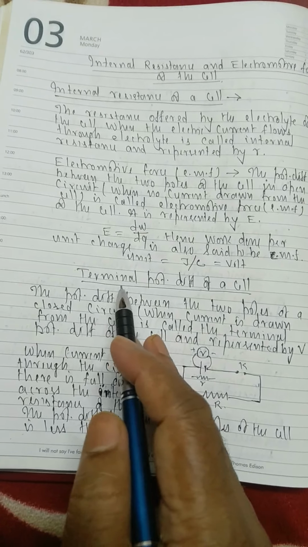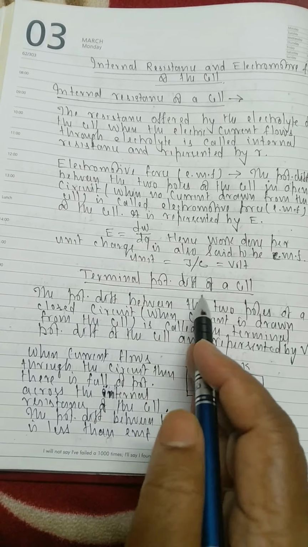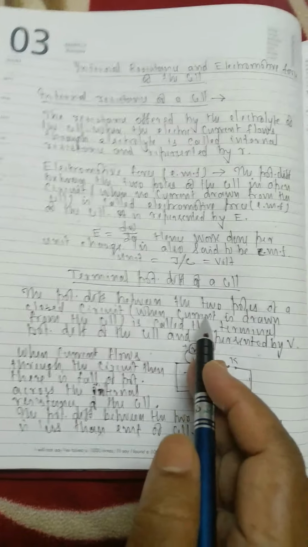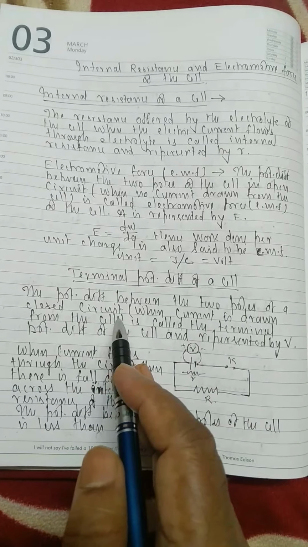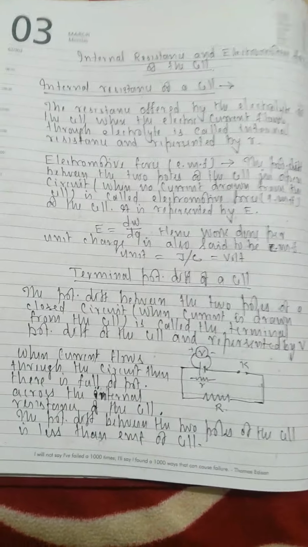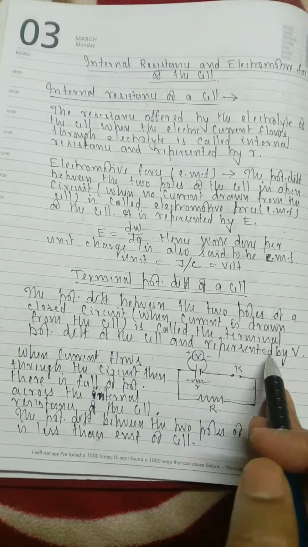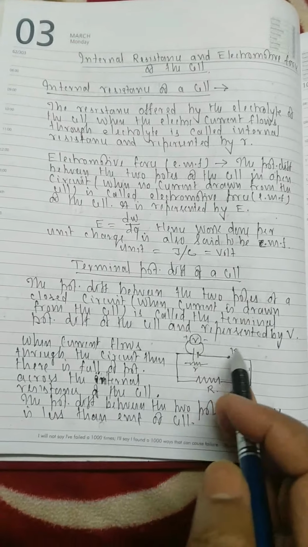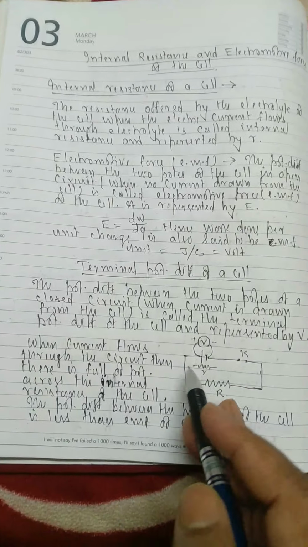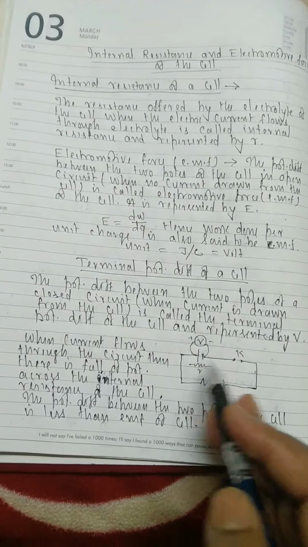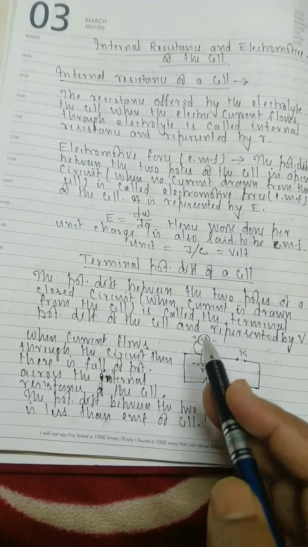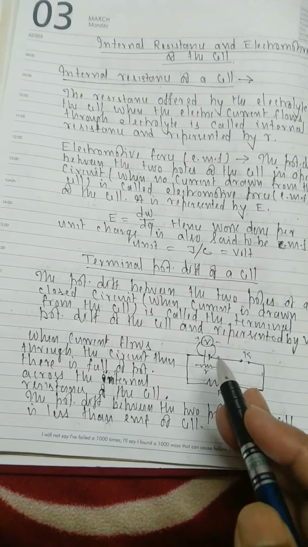Next topic, terminal potential difference of a cell. The potential difference between the two poles of a closed circuit when current is drawn from the cell is called the terminal potential difference of the cell and is represented by V. Here in the figure, the cell is connected with a key and external resistance R, with a voltmeter connected in parallel with the cell.